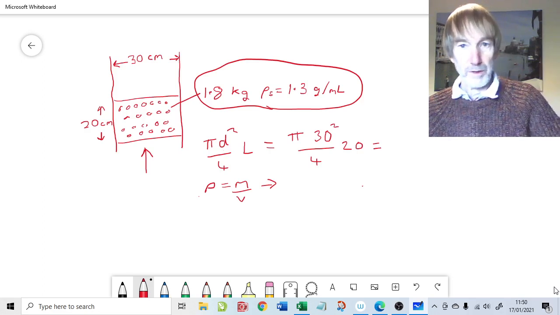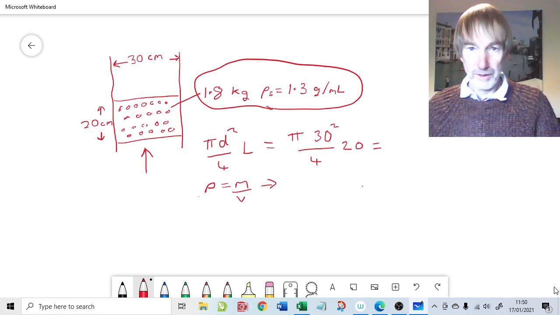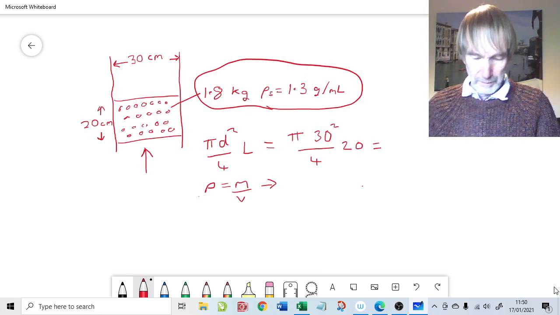I'll use my trusty calculator. I think it's one I should be able to do in my head, but for the sake of completeness, let's try 30 times 30 times 20 divided by 4 times 3.14.